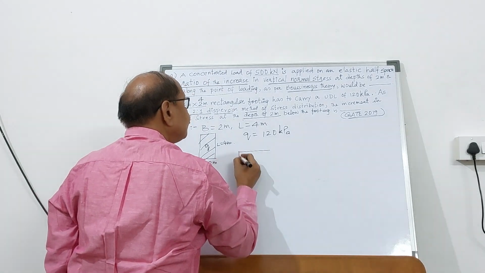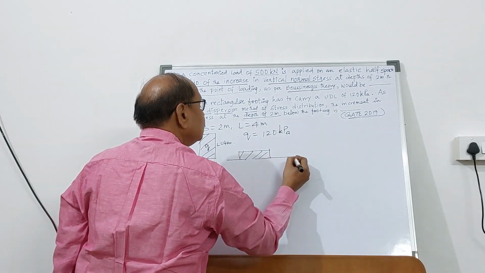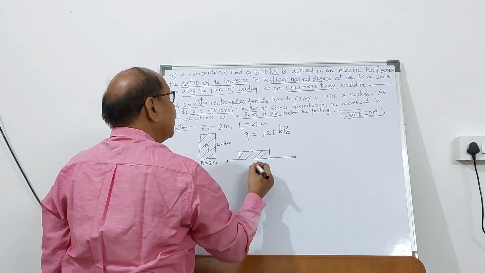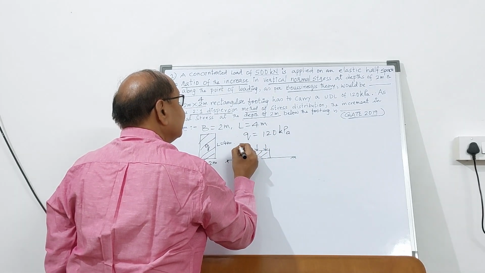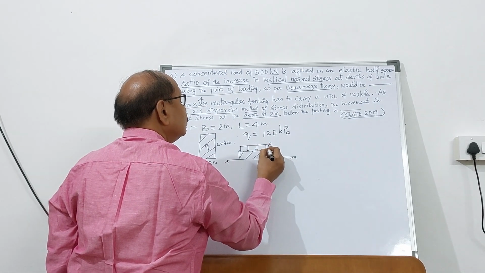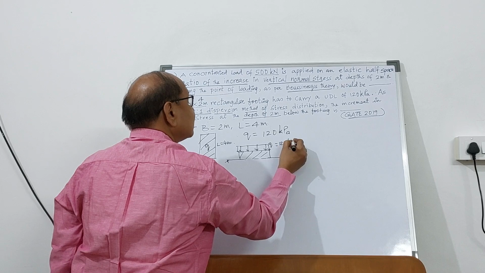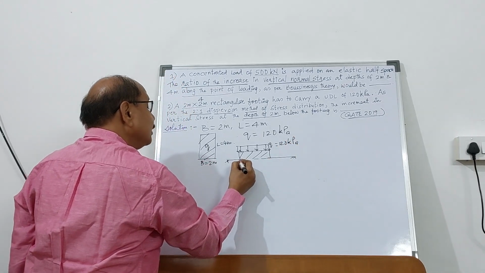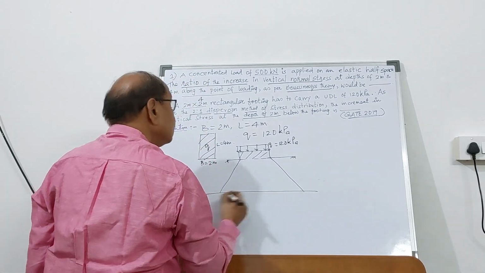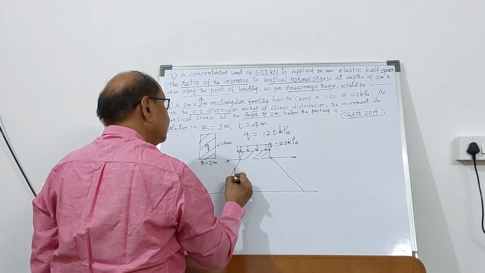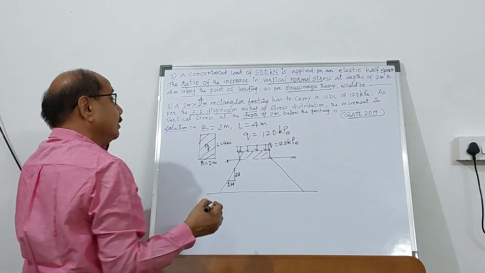So this is the footing. This is the footing resting over the ground, and it is having a UDL which is given to you as Q equal to 120 kilopascal. Now the load is going to increase at 2 vertical and 1 horizontal, or 2:1.